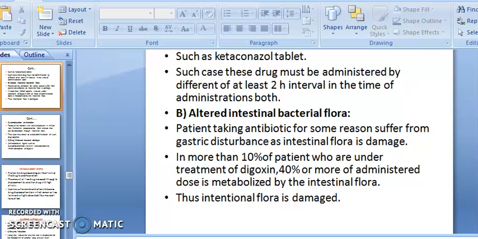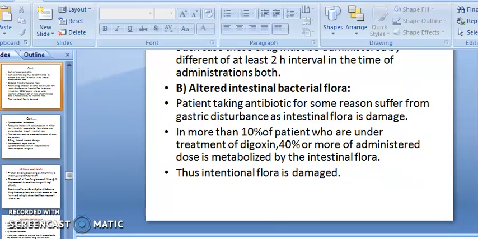In more than 10% of patients under treatment with digoxin, 40% or more of the administered dose is metabolized by the intestinal flora. Thus when the intestinal flora is damaged, digoxin metabolism is affected.